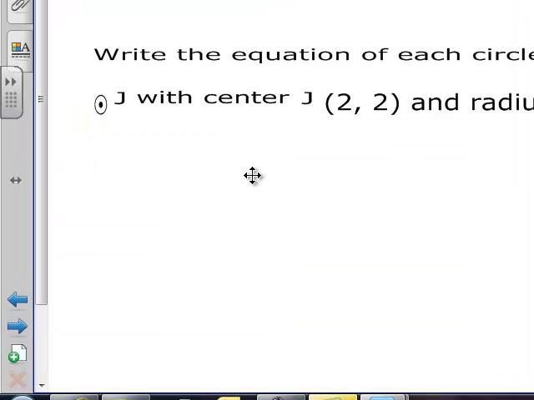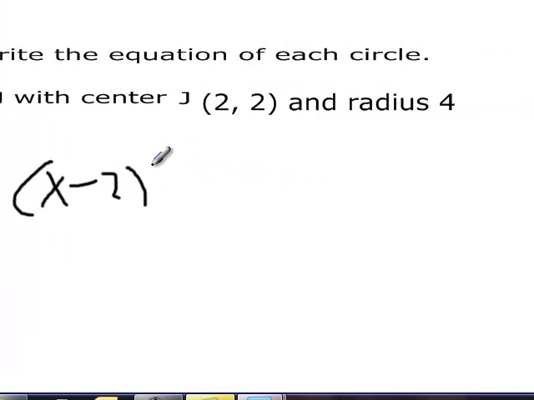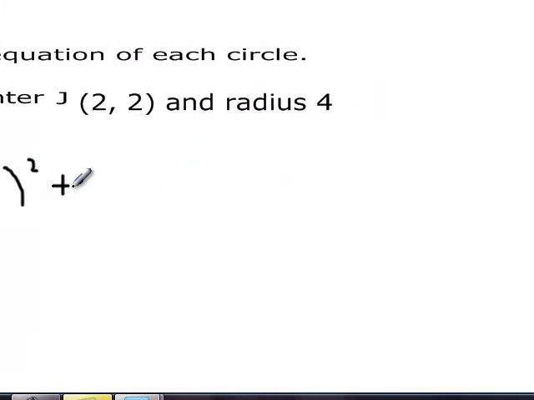Putting that to use, if we have a circle, circle J, with a center at 2, 2 and a radius of 4, then the equation of that would look like this. We would have x minus 2, that quantity squared, plus the quantity of y minus 2 squared equals 16.